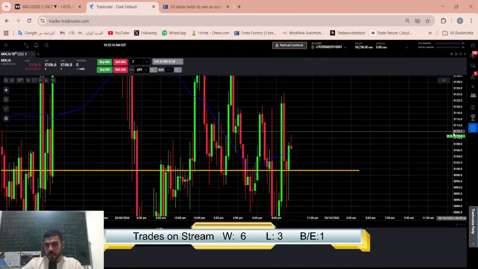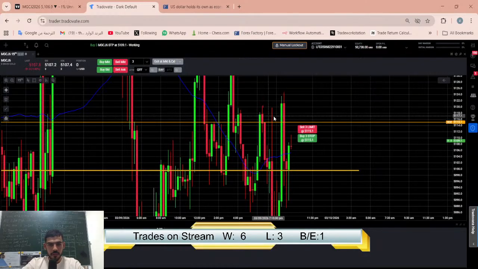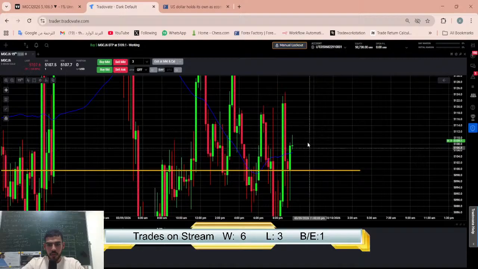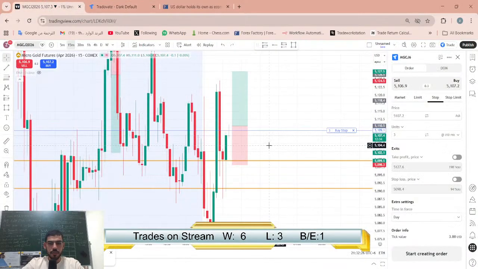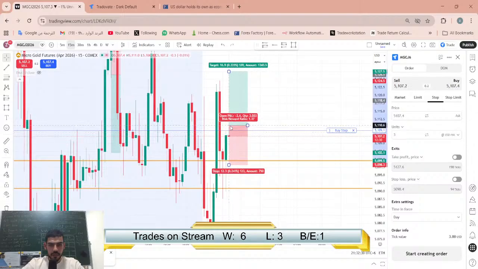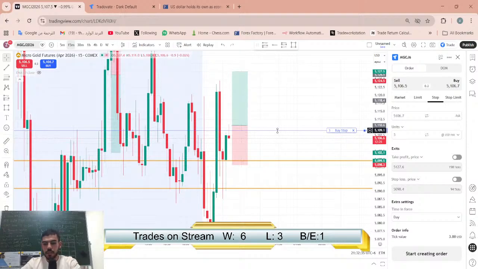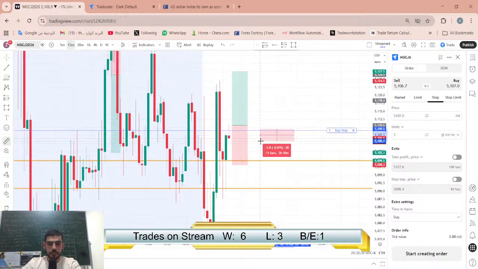Stop loss. So when it breaks the high, I'm going to put the stop loss on the bottom of this, below this current candle. My stop loss will be there. Yep, because in the range it's going to be like 100 pips, which is quite huge.